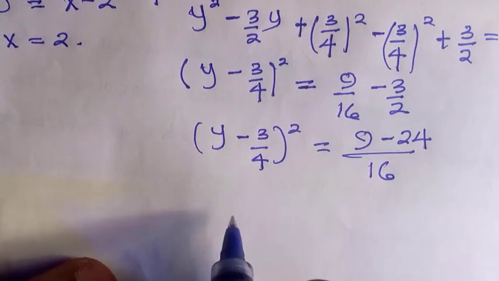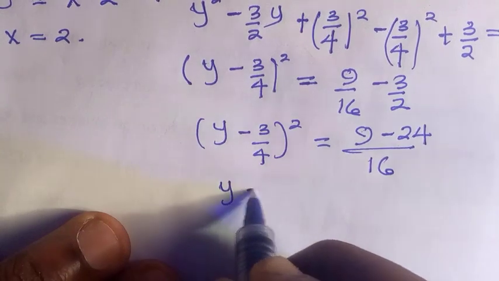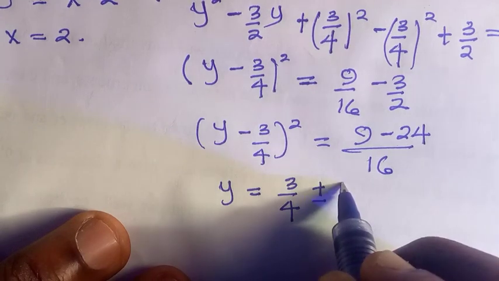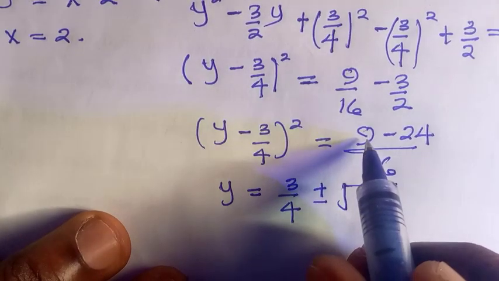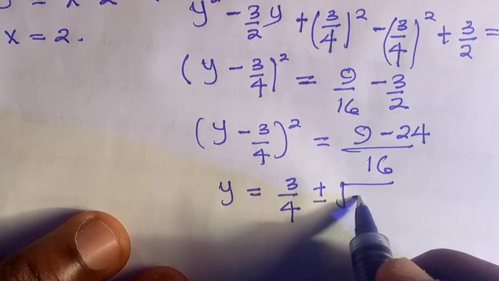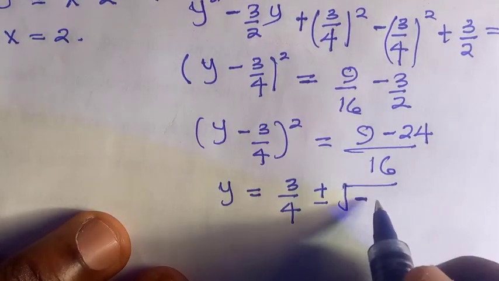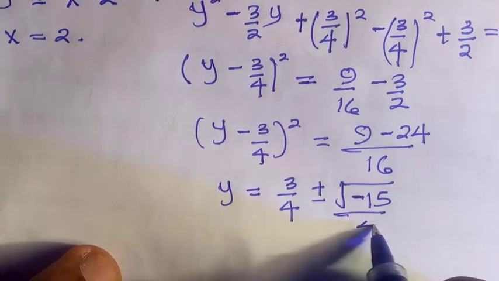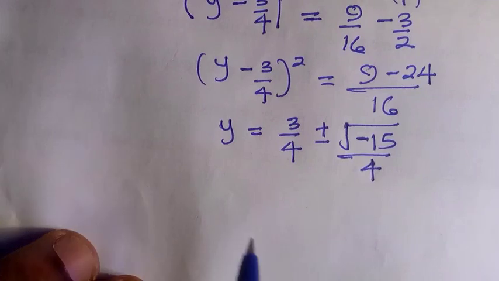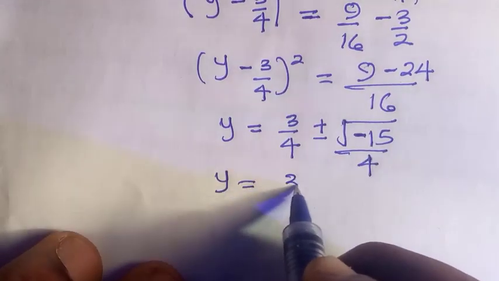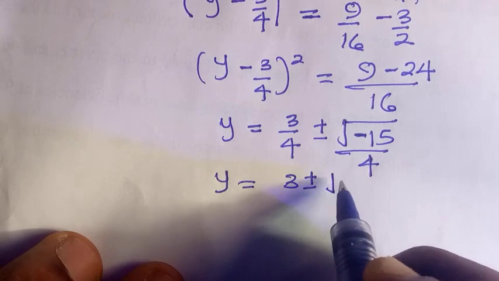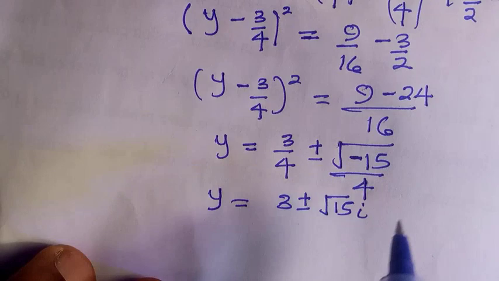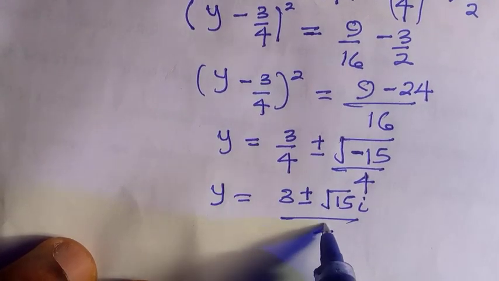By taking the square root of both sides and transferring this 3 over 4 to the other side, we have 3 over 4 plus or minus the root of, so here becomes negative 15, and all divided by 16, so the square root of 16 is 4, which is a perfect square. Then we can finalize this y as 3 plus or minus the root of 15i, because the root of minus 15 is a complex root, and it becomes root of 15i all divided by 4.